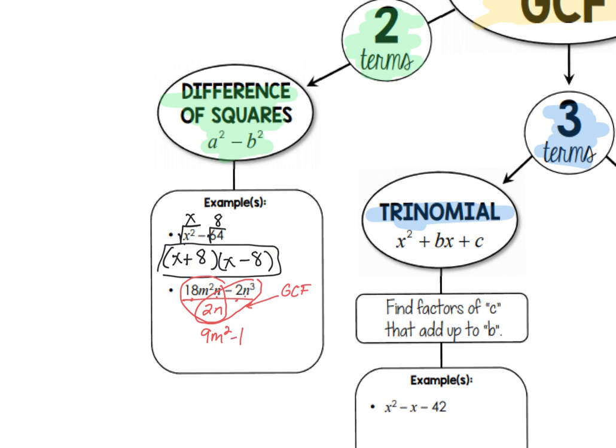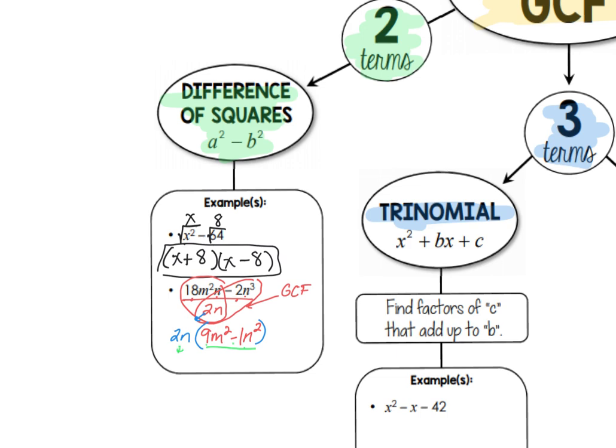And 3 n's take away 1 n is 2 n's. So remember, anytime we divide by a GCF, we have to put that part in parentheses, and we put the GCF on the outside. But now if we look at what's left in the parentheses, we have a difference, a minus sign, in between two perfect squares. 9m squared and 1n squared are both perfect squares.